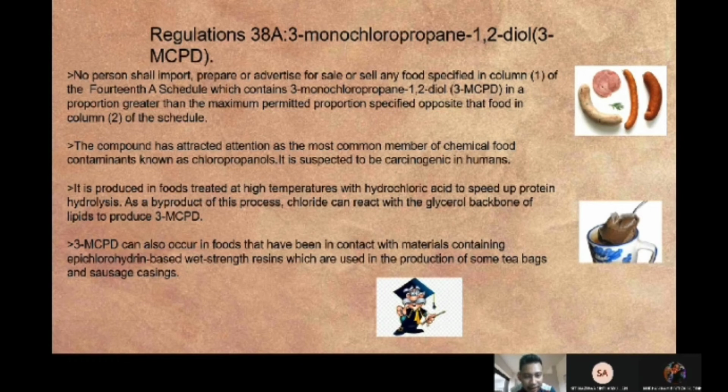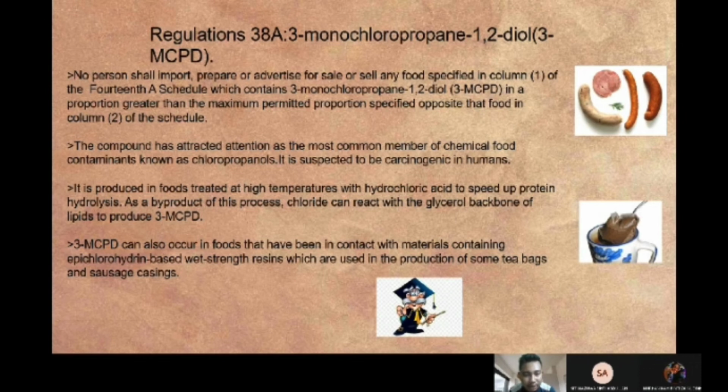The compound has attracted attention as the most common member of a chemical food contaminant known as chloropropanol. It is suspected to be carcinogenic in humans. It is produced in food treated at high temperature with hydrochloric acid to speed up protein hydrolysis.